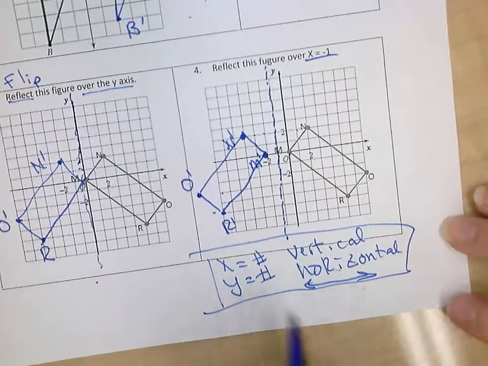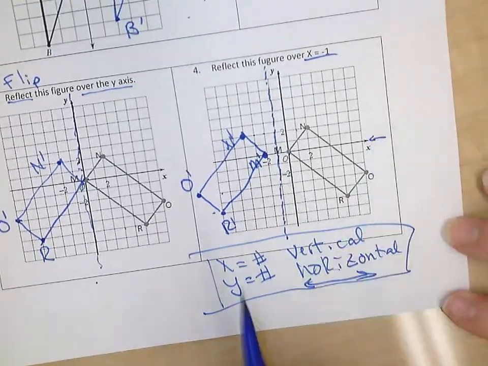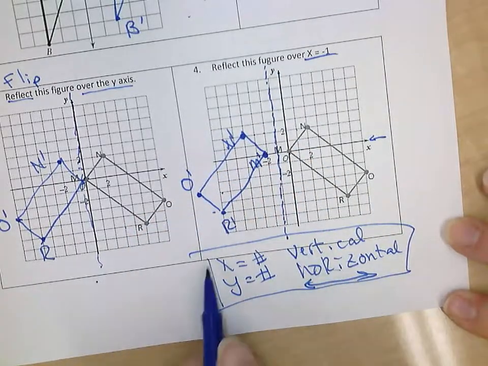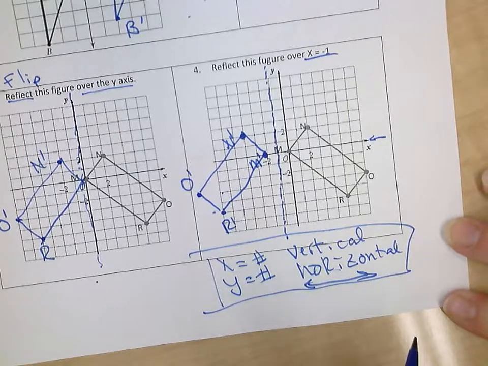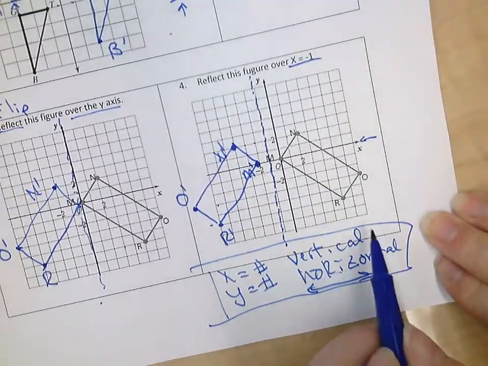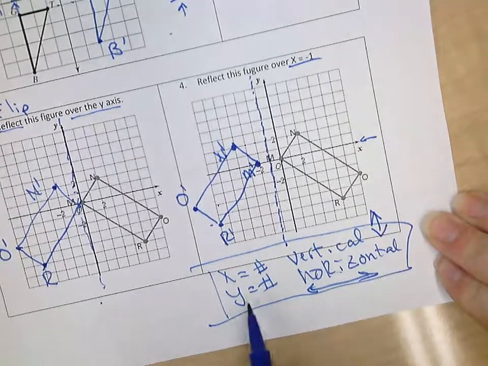The x-axis is listed for us right here. It's already drawn in, and the y is vertical. But for our y equals a number and our x equals a number, these are vertical and horizontal. X equals a number is vertical, up and down, and y equals a number is horizontal.